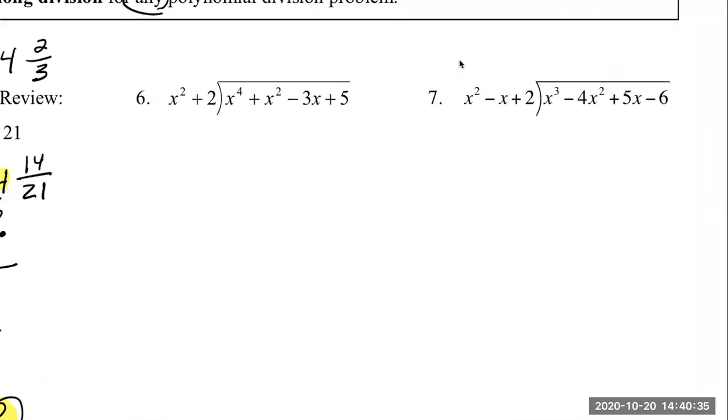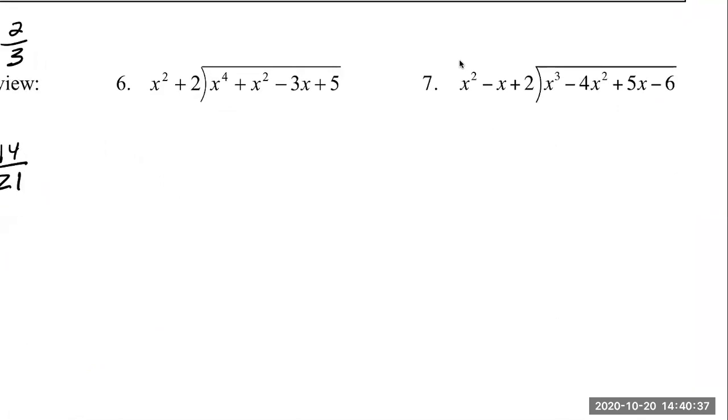So let's look at number 6. First thing, the question is, what should we put here that multiplies to x squared that will give us x to the 4th? So what times x squared is x to the 4th?